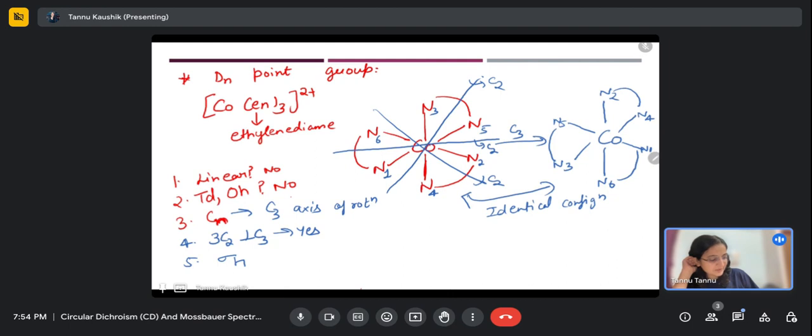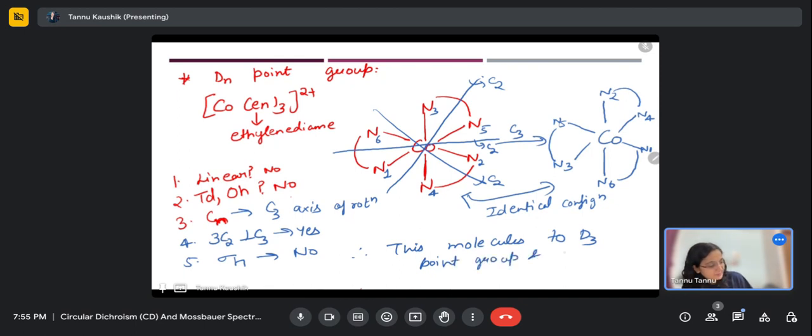So if this C3 axis is coming out of plane, and if we bisect the molecule, then we won't get an equivalent configuration. So we don't have a horizontal plane in this molecule. Therefore, this molecule belongs to D3 point group, and hence this molecule is chiral.